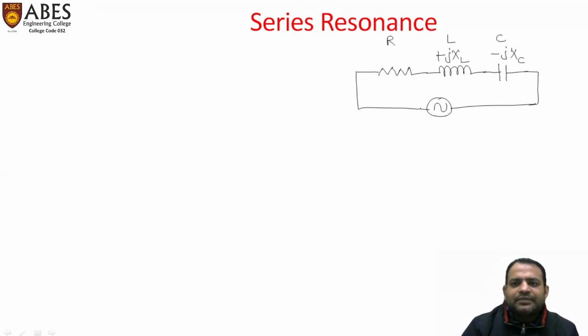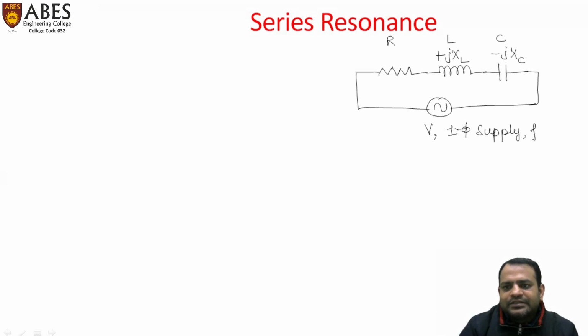So this is the R. Voltage V, that is single phase supply. Suppose the supply frequency is f. So if we are thinking about the circuit, the current in these three elements are equal, which is I, because the circuit is series connected.